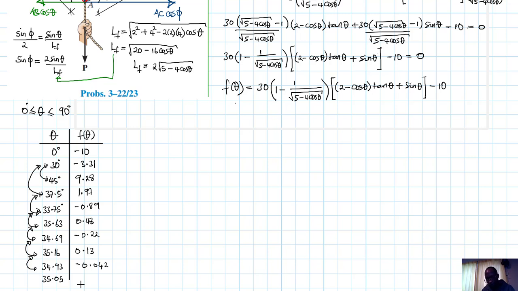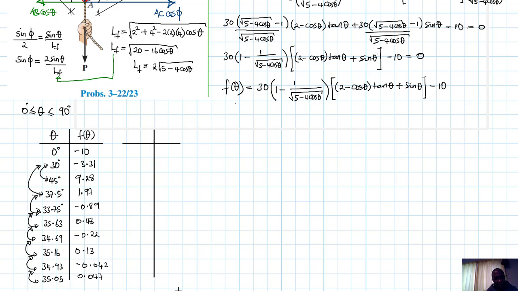Okay, 35.05, 35.05, 35.05. Okay, so this is there like so, 0.047. Oh, this one is really taking too long to converge, right?